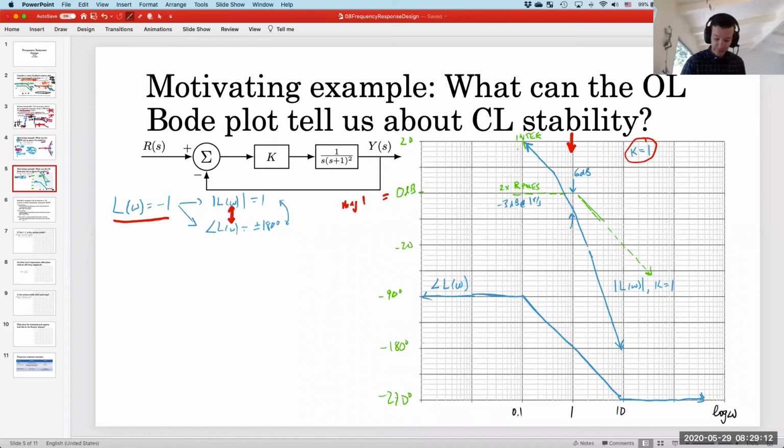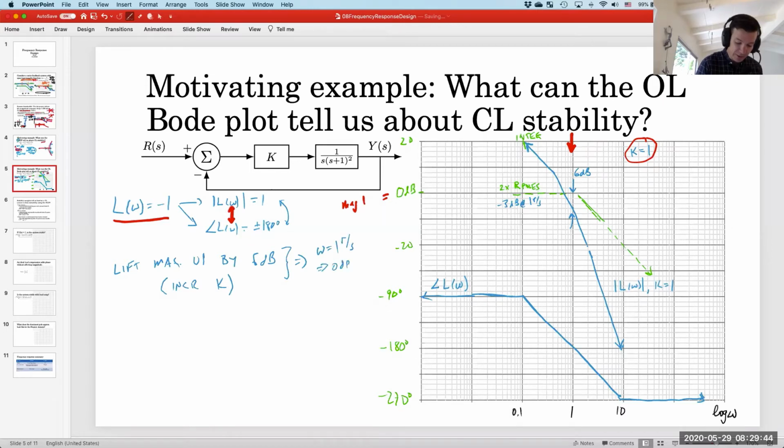I could lift this blue curve up by 6 dBs. So if I lift magnitude up by 6 dBs, and that can be accomplished by increasing k, then I can get one frequency, omega, it'll be omega equals 1, will give us 0 dBs and, crucially, negative 180 degrees of phase.